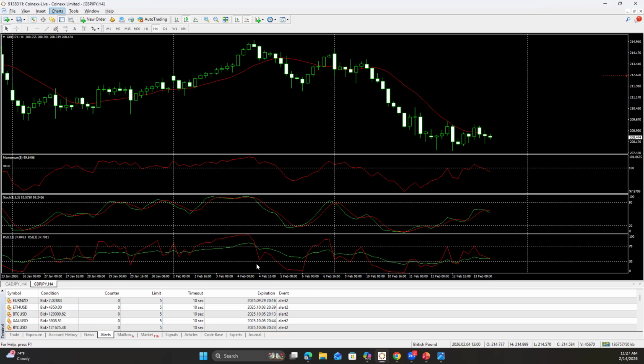Let's try it again. RSI, that's what this is, a momentum indicator that measures the magnitude of recent price changes to analyze overbought or oversold conditions. So the RSI is best effective in what conditions?